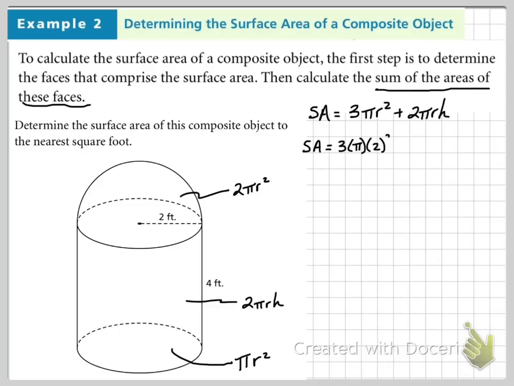Now we simply substitute our values. We know that r is 2, and h is 4. Plugging that in, 3 pi times 2 squared plus 2 pi times 2 times 4 gives me a total surface area of 87.96, or 88 square feet.